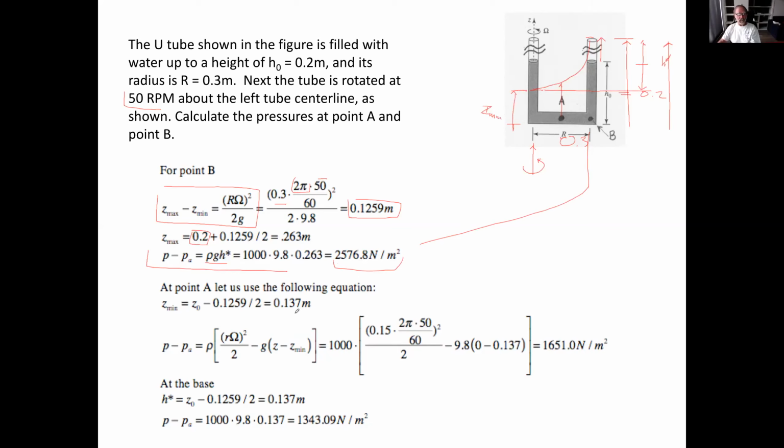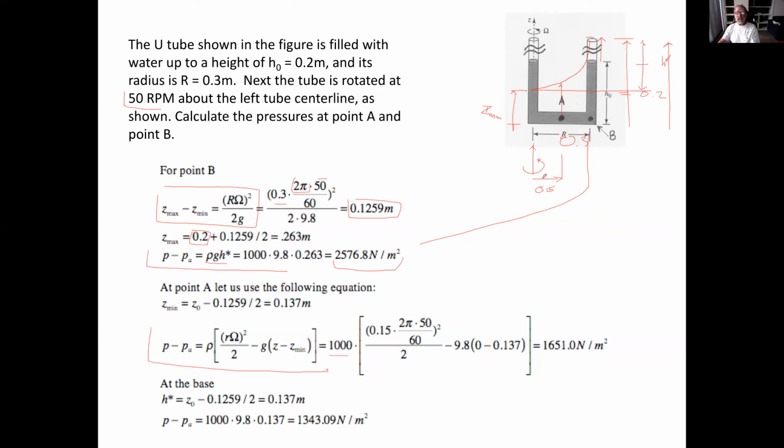This is the distance, but the radius is actually 1/2 of the distance, so it's 0.15 meters. So we need to take the general formula. So the general formula is this: rho, water, 1,000.